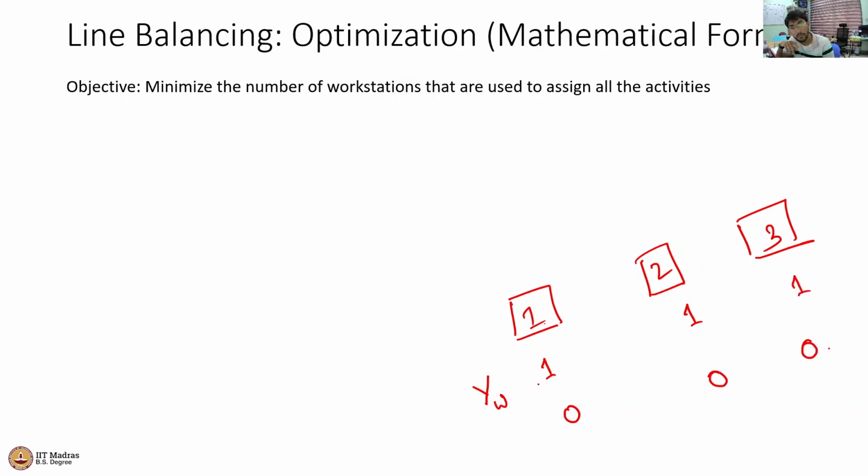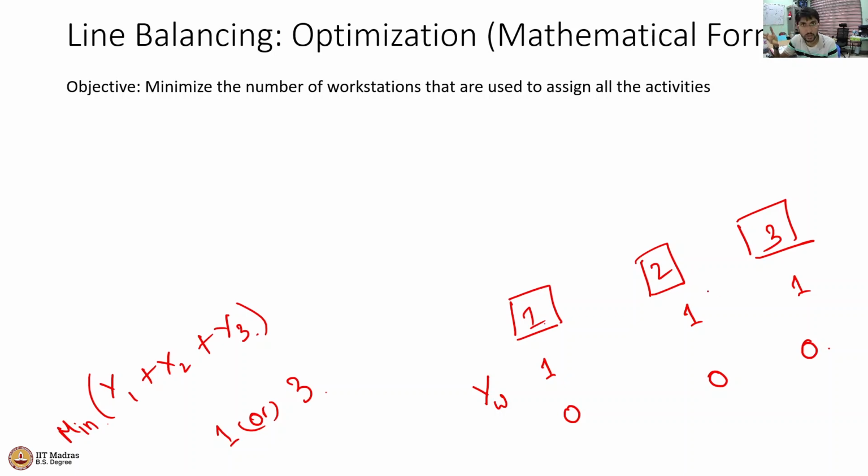So I want to minimize y_w. I should basically sum up y1 plus y2 plus y3, and I want to minimize this. When I minimize, I can get a minimum value of 1 or a maximum value of 3. I should have at least 1, since all my activities have to go into one of those workstations. Or I can use all 3 and get 1 plus 1 plus 1, which is 3.